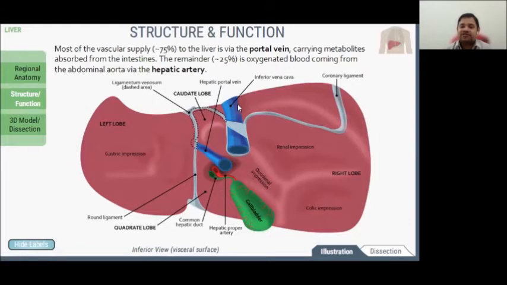Then you can see the inferior vena cava, and the coronary ligament is attached to it. So this is the visceral or inferior surface, which you can easily identify by certain impressions of the organs as well as the presence of the gallbladder on this side.